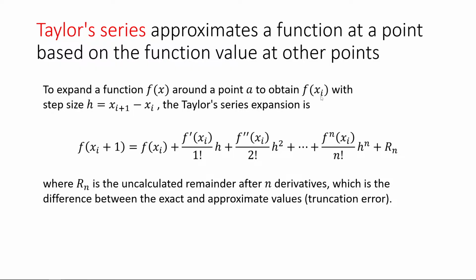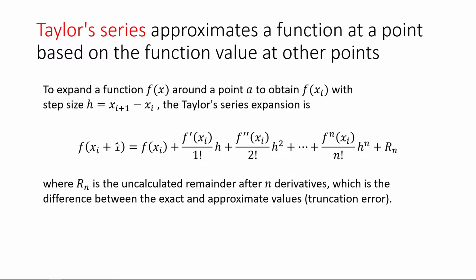And we've seen that for Taylor series, I can expand a function around the point with the step size, so you define the step size and then you find your Taylor series expansion. So I have a function, and I want to know this function at xi plus 1.